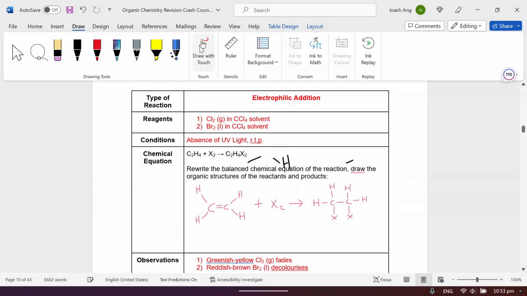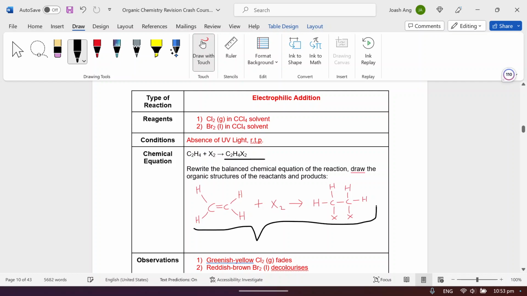Okay, next up is electrophilic addition. So in this case, I present you this chemical equation: C2H4 plus X2 gives you this product. So you just rewrite this chemical equation into the organic structures of reactants and products right here. The reagents and conditions is the halogen under standard state.